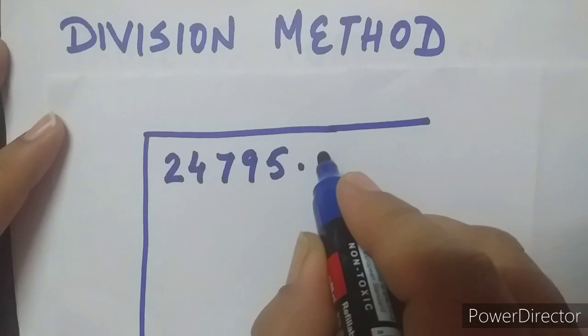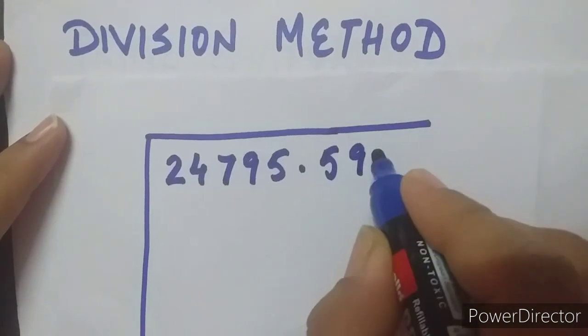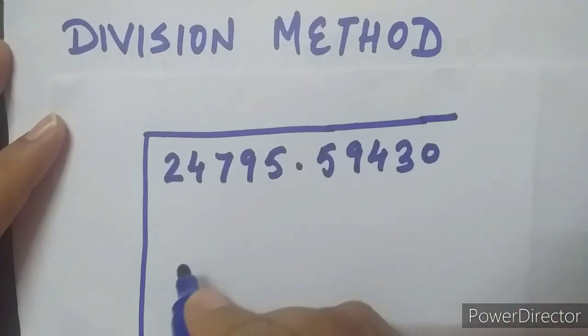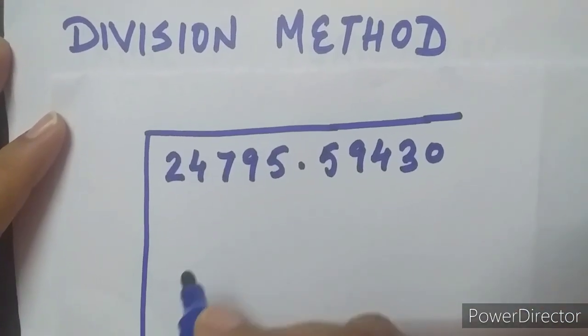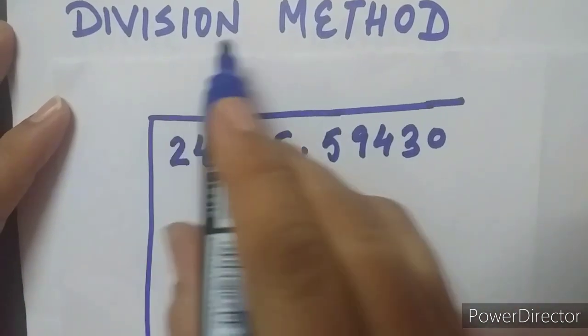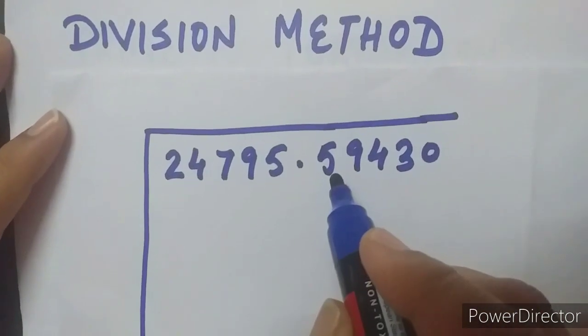I have taken this in order to tell you how to do the pairing for the division method in case of a decimal number.